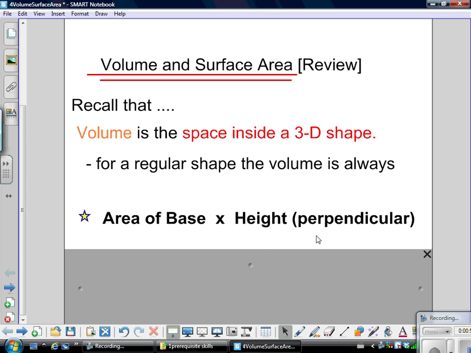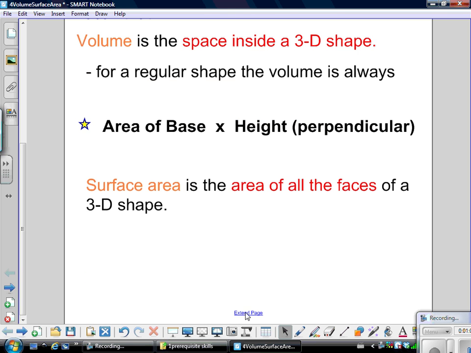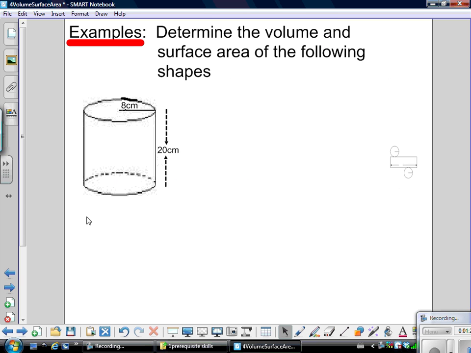And when we're talking about height with these shapes, it must be the perpendicular height. Also, surface area is the area of all the faces of a three-dimensional shape. So it's taking that shape, turning it and looking at every single face of it, top and bottom and all the sides. Let's look at some examples.